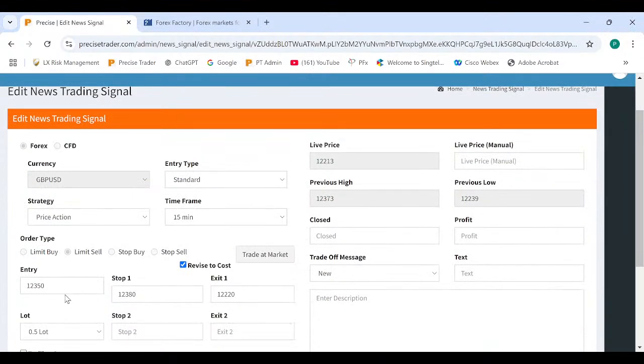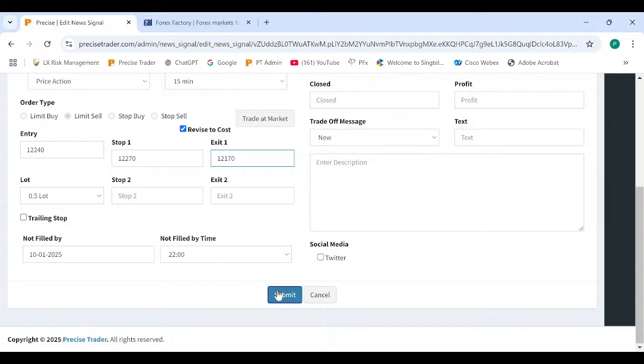I think the order at 12350 will not get filled, so we'll try to sell at 12240, and let me see where I can put my stop. 70, and the TP should be about 12170.